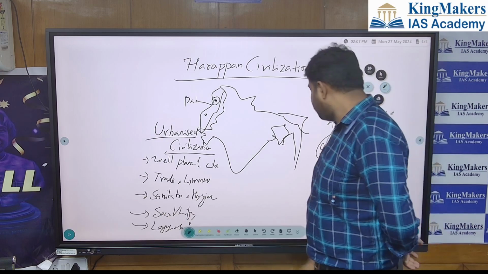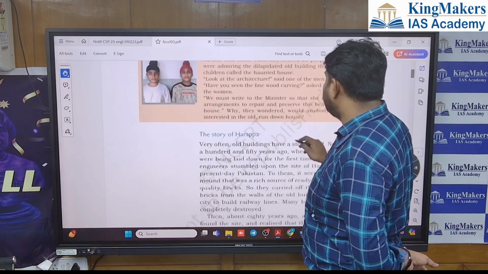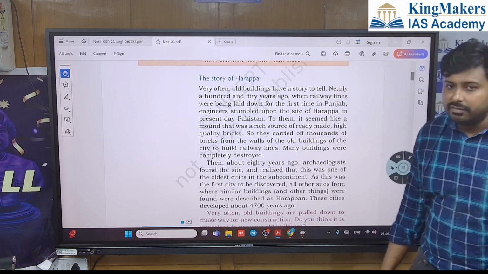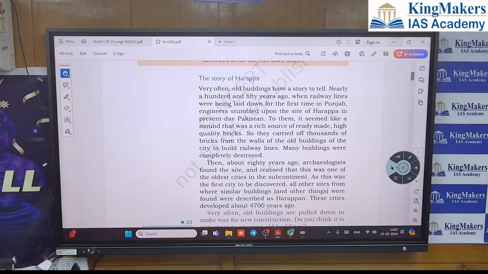Let's look at the notes. So you can read the story of Harappa. Just read it. Just give me a minute.